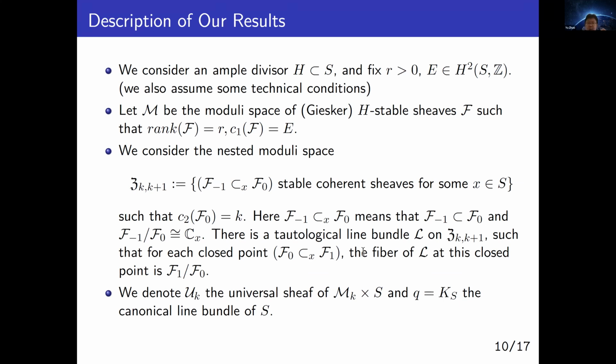And we know that M is the moduli space of stable sheaves, then there should be a universal sheaf on M_k times S, such that for each point x, when we restrict the universal sheaf to x times S, it should be the stable sheaf for the point x presented.